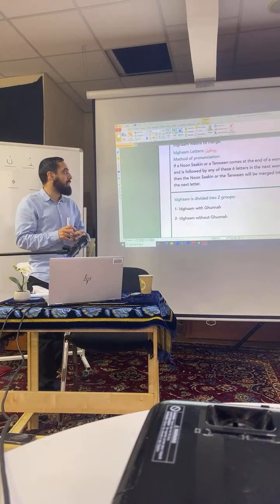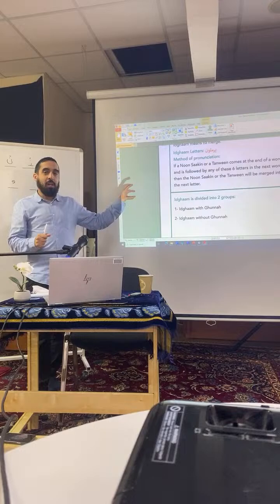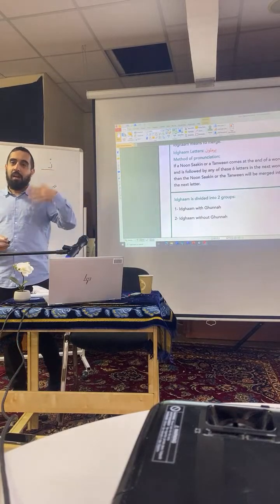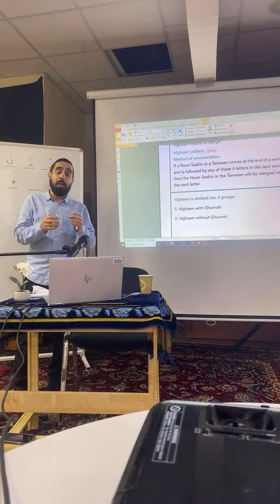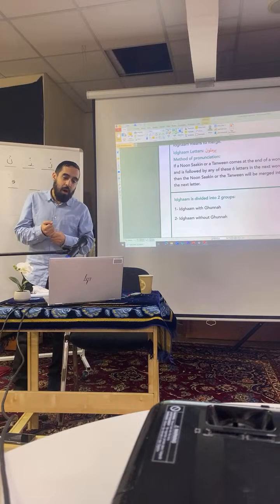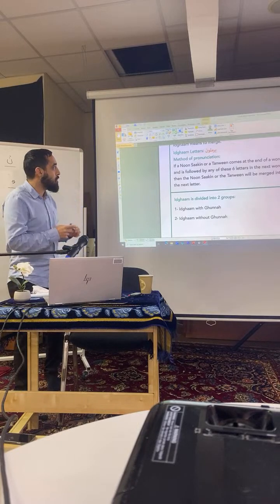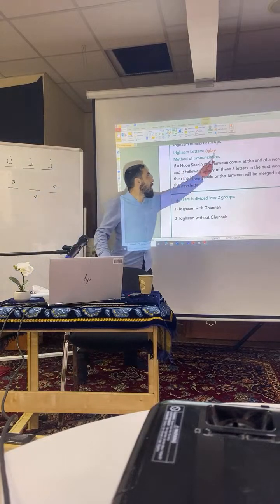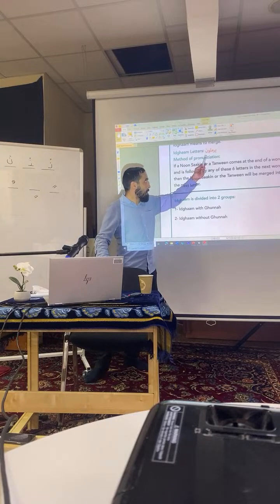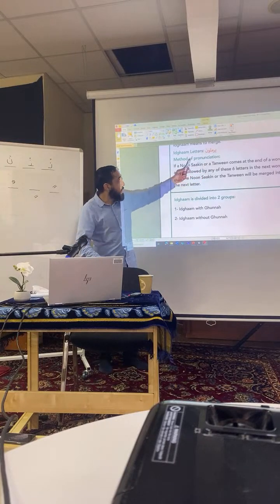Like we said, if after a nun sakin or a tanween is one of the halaqi letters, ayn, kha, ha, then we fully pronounce it. In this example of merging, idgham, the following letters are ya, ra, mim, lam, wav, and noon. 6 letters, yeah?